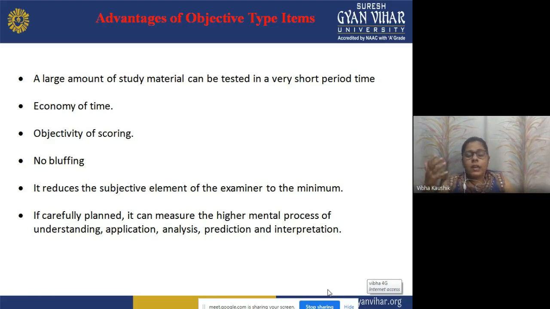If a teacher has carefully planned the objective type items, then it measures the higher mental process of understanding, how much the student has understood; application, whether the student can apply the knowledge he has got to different situations of life; analysis of the situation; prediction, based on the knowledge he can predict about the future; and whether interpretation of the knowledge has been made or not.